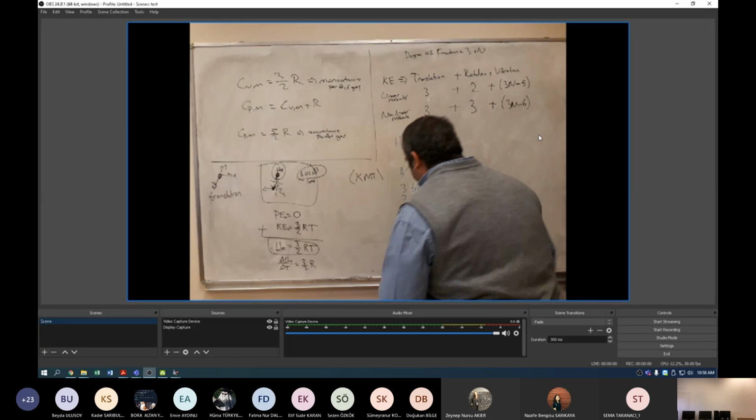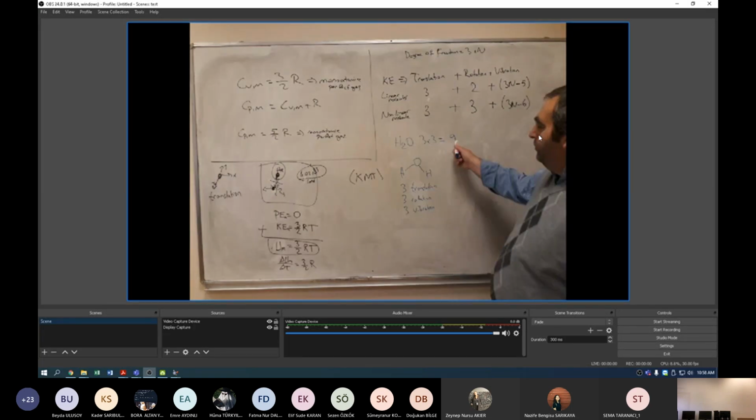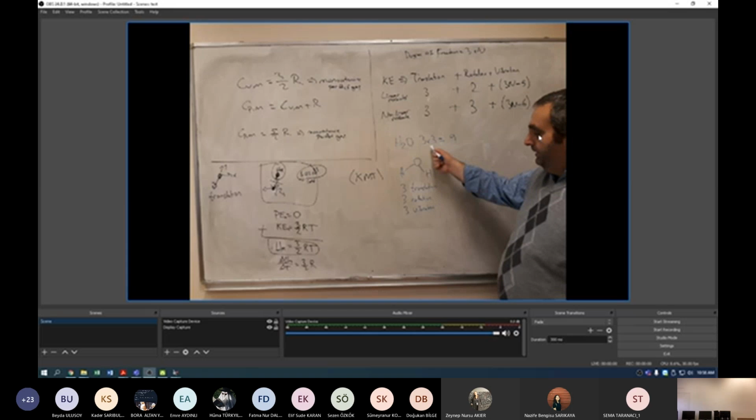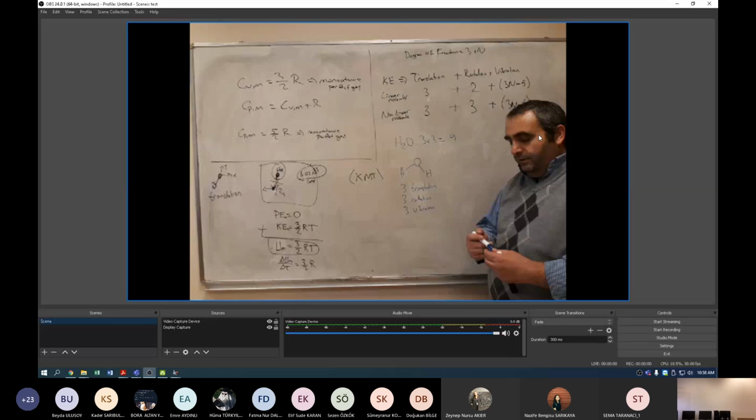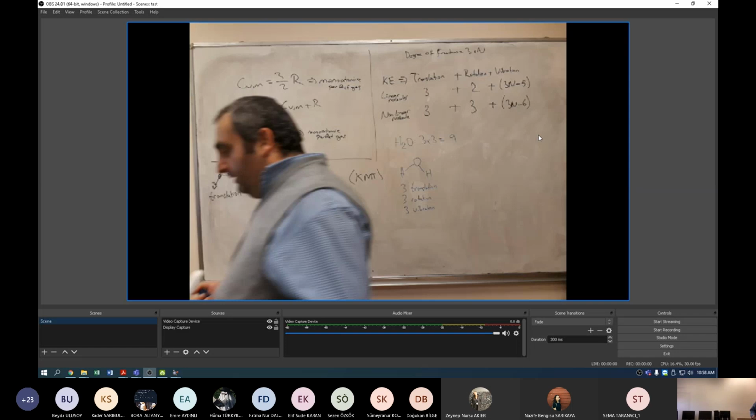So this molecule can have 9 motions, 3 times 3, and the motions are like this. This is called the kinetic energy components of the motions. Now let's give 5 or 10 minutes of break. After that, I will discuss the equipartition theorem.